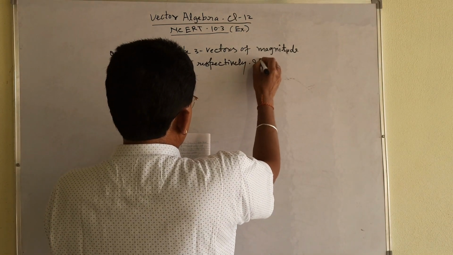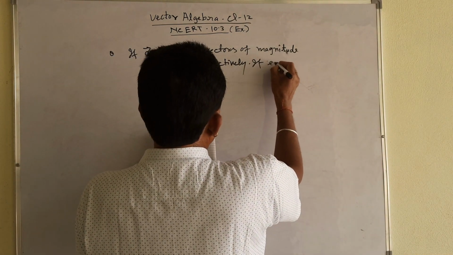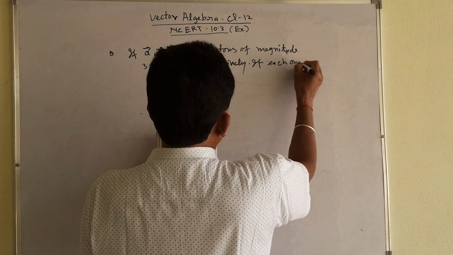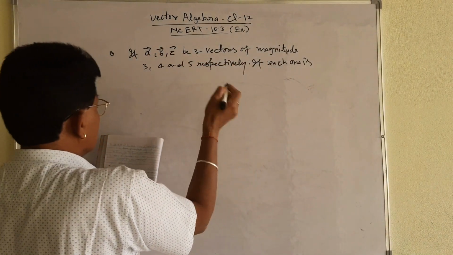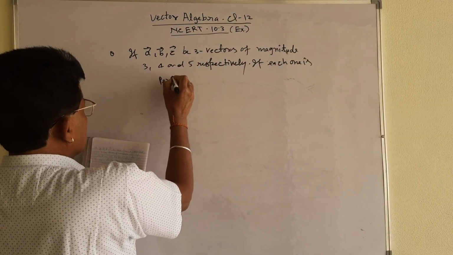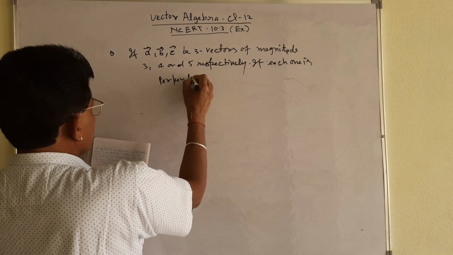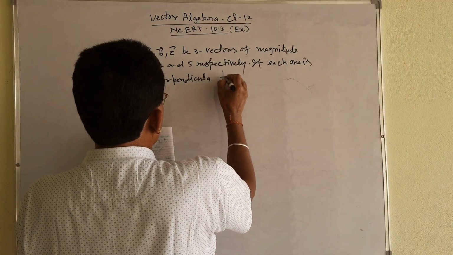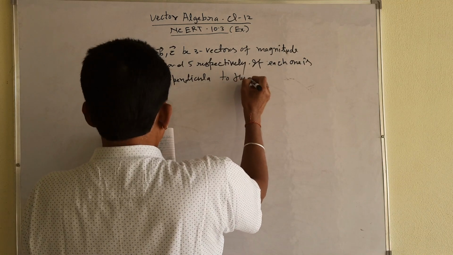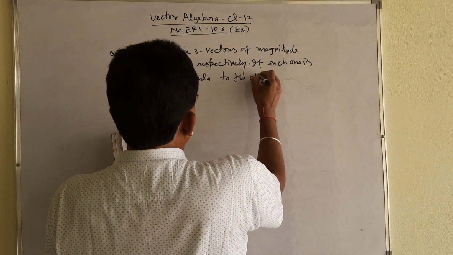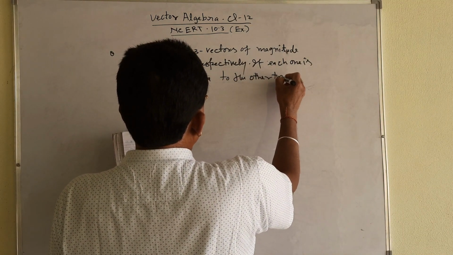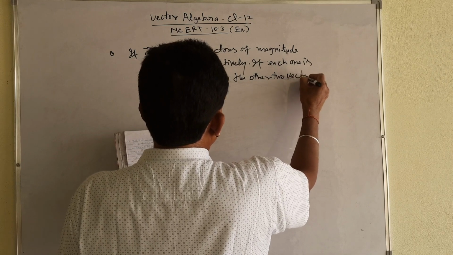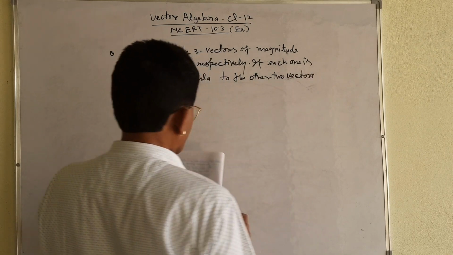If one more thing is given, each vector is perpendicular. You see how important it is. Each vector is perpendicular to the other 2 vectors. Most important question. Other 2 vectors.